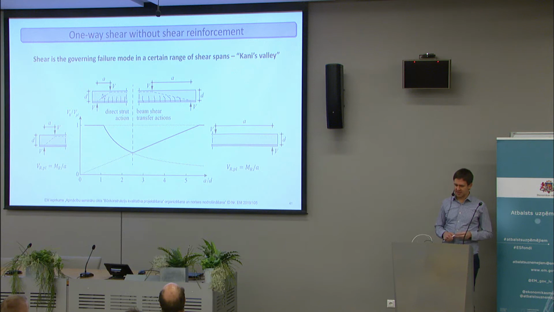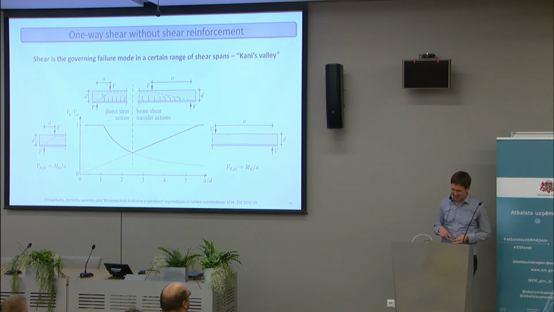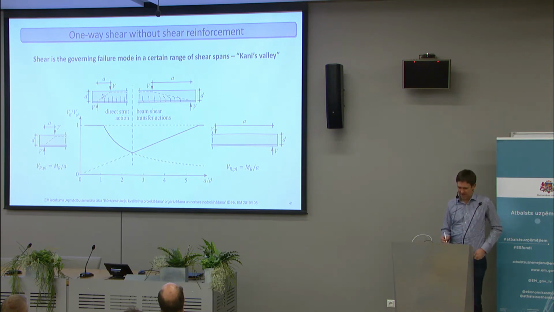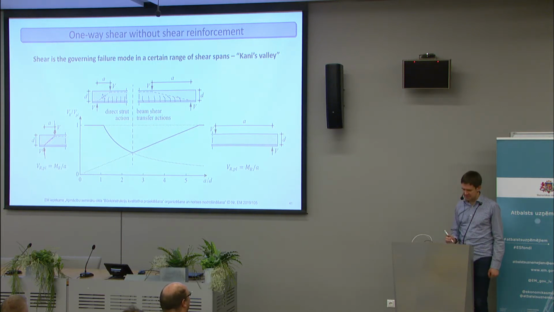It was first explained like this by Professor Kani in 1964. He was also Canadian, at the University of Toronto. It's called Kani's Valley, this effect, that if we have a very short span, so the shear forces are very close to the support, then we can find the resistance with a strut and tie model.